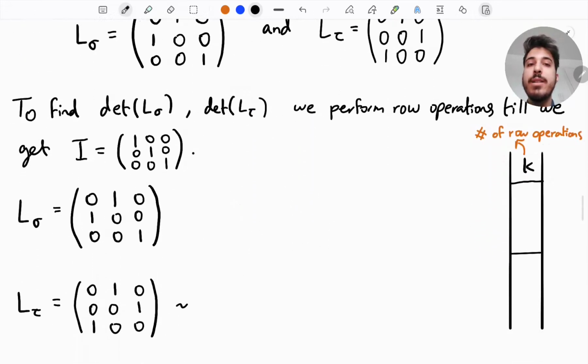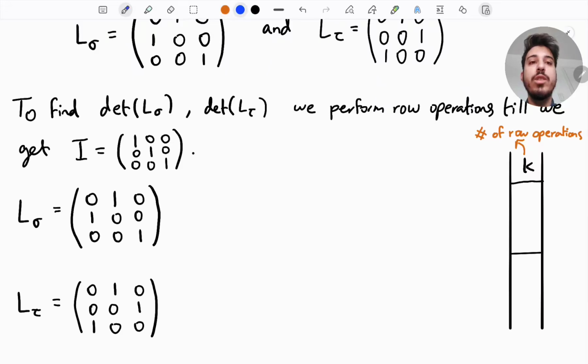So L sigma is equal to 0, 1, 0, 1, 0, 0, 0, 0, 1. We find that the only one that is in its right place is here, same way as in the identity, but this is not in its right place, and neither is this. So we want to perform row operations until all of the ones are where they should be.